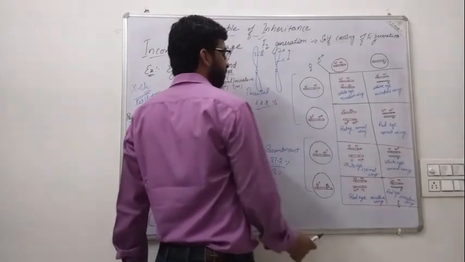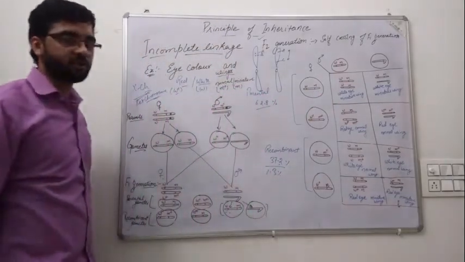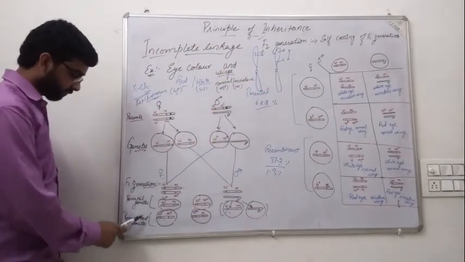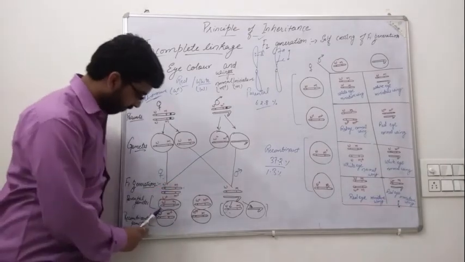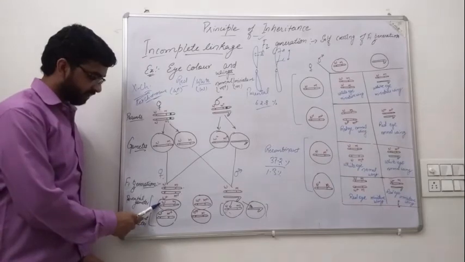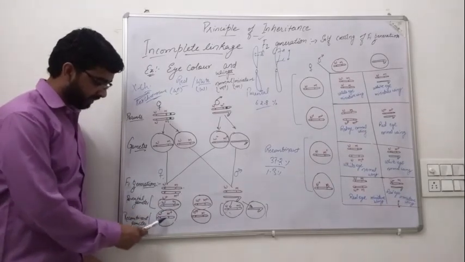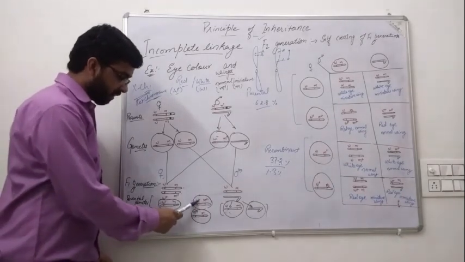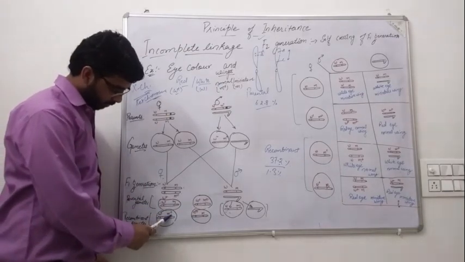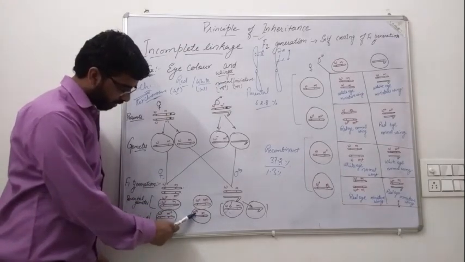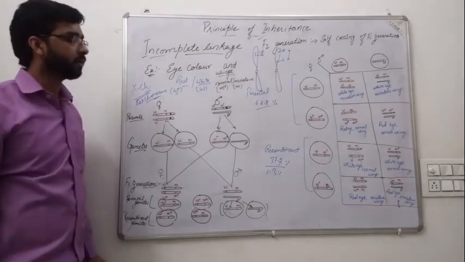And for the female, on the X chromosome link, note down: white eye miniature wing, white eye miniature wing, red eye normal wing, white eye normal wing, red eye miniature wing.